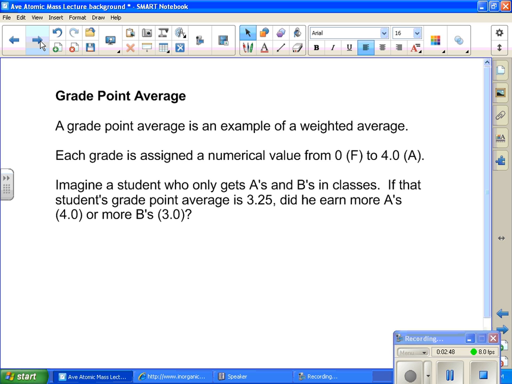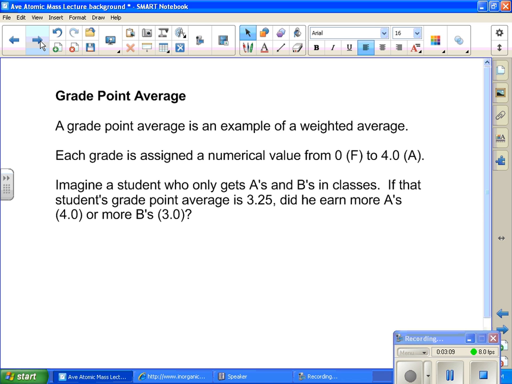If that student's grade point average is 3.25, did he earn more A's, which would be a 4.0, or more B's, which would be given a 3.0? Well, it's probably really obvious to you that the student would have earned more B's in his classes.